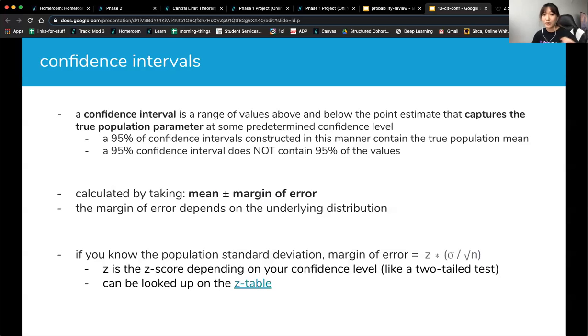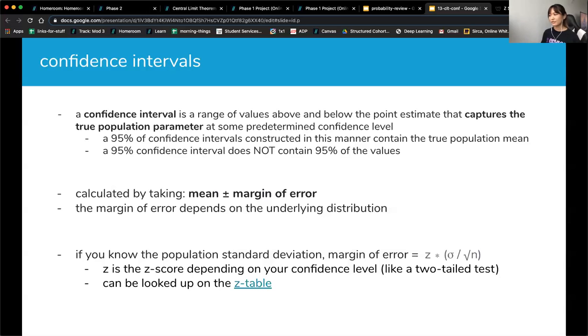In reality, we are not going to be calculating a lot of confidence intervals. That's just the way we correctly define a confidence interval. In contrast, a 95% confidence interval does not contain 95% of the values.